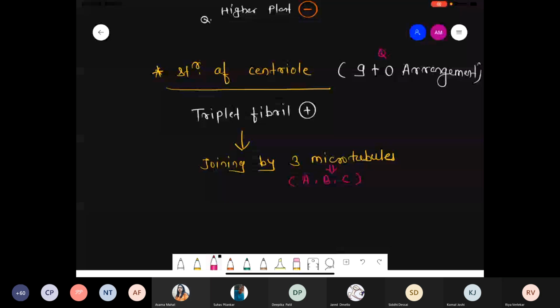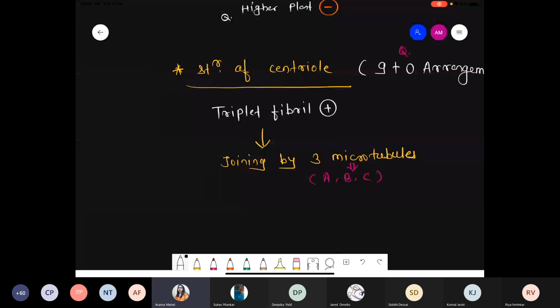Suppose triplet means what? Total three. So this is one microtubule, that is A. Now on A there is a joining of B, the second microtubule, and finally on B there is a joining of C, that is the C microtubule.